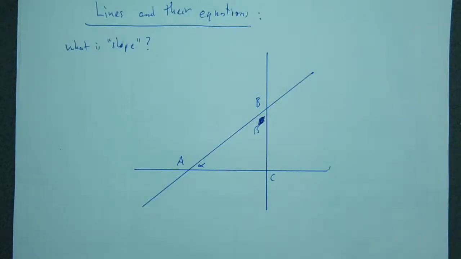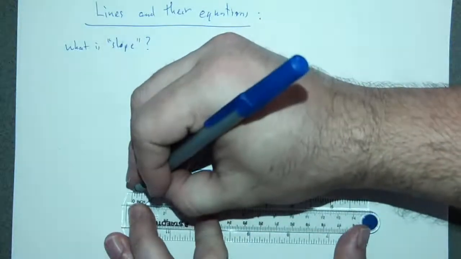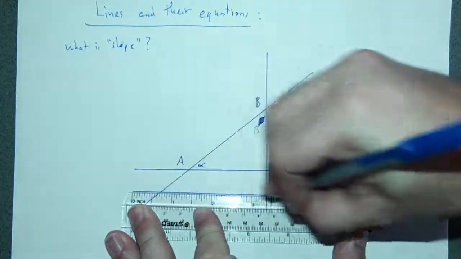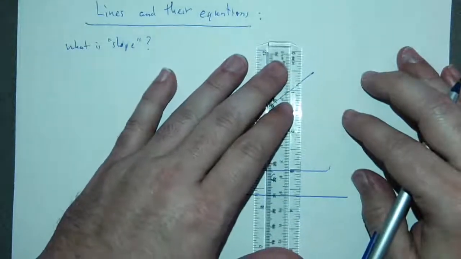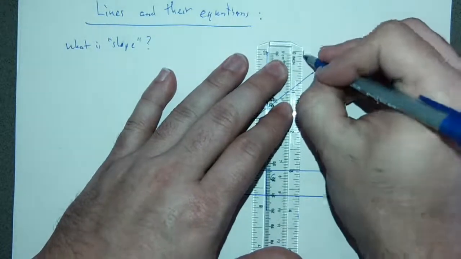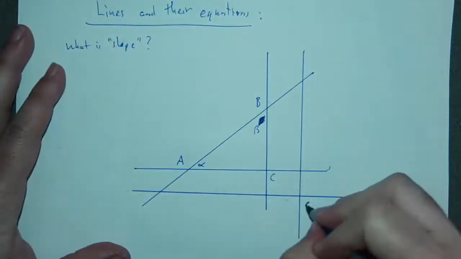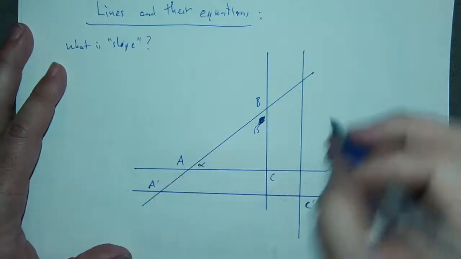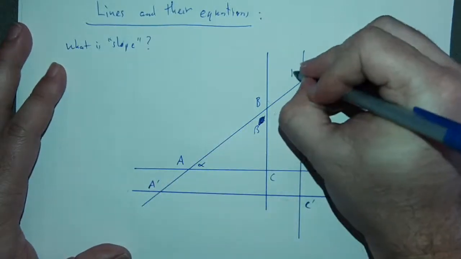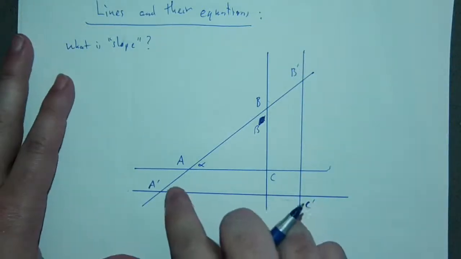But what if I did a similar thing but used different axes here? Keeping them perpendicular, but now it's a different axis. So here's C prime, and here's what we'll call A prime, and here's B prime. What are these angles?